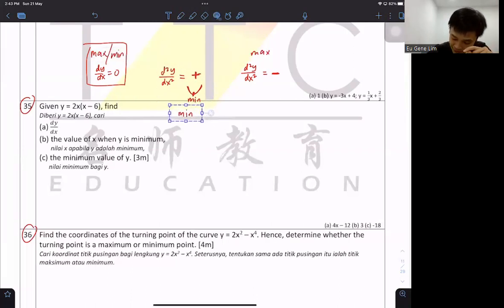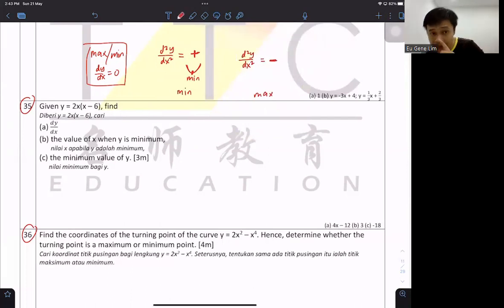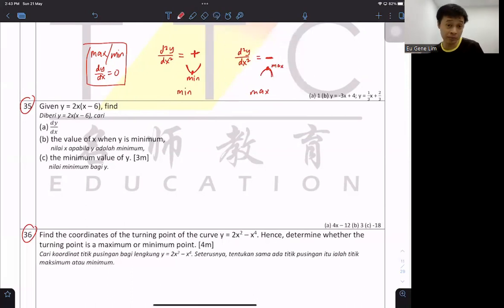If d square y dx square is negative, meaning sad face, because negative, very sad. So when you have a sad face, N shape, the point on top, so maximum. That is how you know whether it's maximum or minimum.